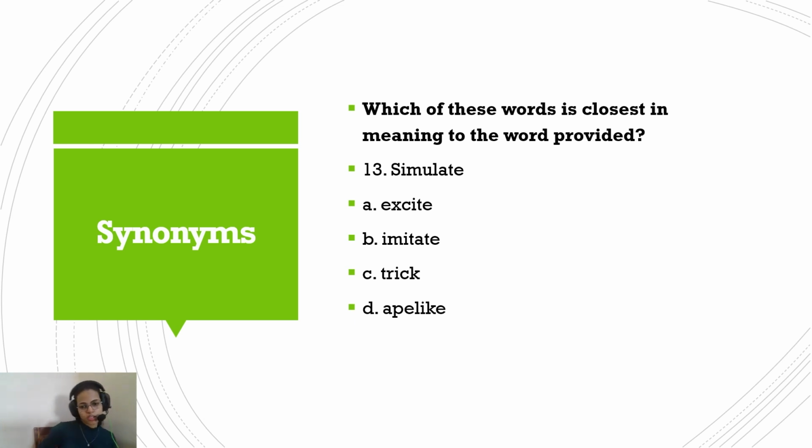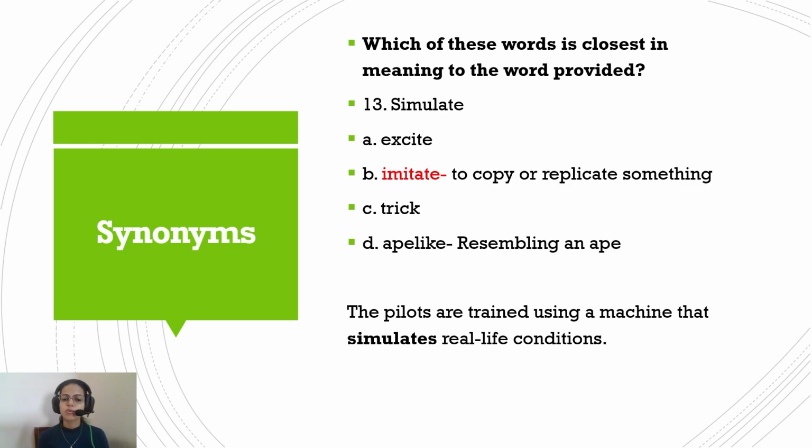Simulate. What does the word simulate mean? Excite, imitate, trick, ape like. Simulate means to imitate. Simulate, imitate. They sound very similar. Copy or replicate something. So, for example, pilots for their training have simulations of the real flight experience, and they train flying on that, because for training they cannot be given aeroplanes just to practice.